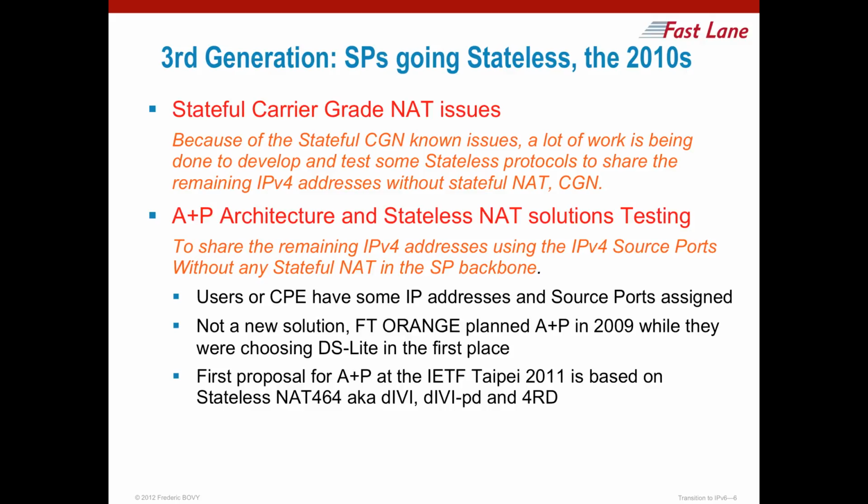A+P is currently based on protocols like DS-Lite and 4rd, and basically they are stateless protocols, so they don't have all the drawbacks of stateful NATs in the core, and that's why they are very interesting for service providers, who loved NAT when NAT was running at the customer, but don't like it so much if they have to run NAT in their own backbone now.